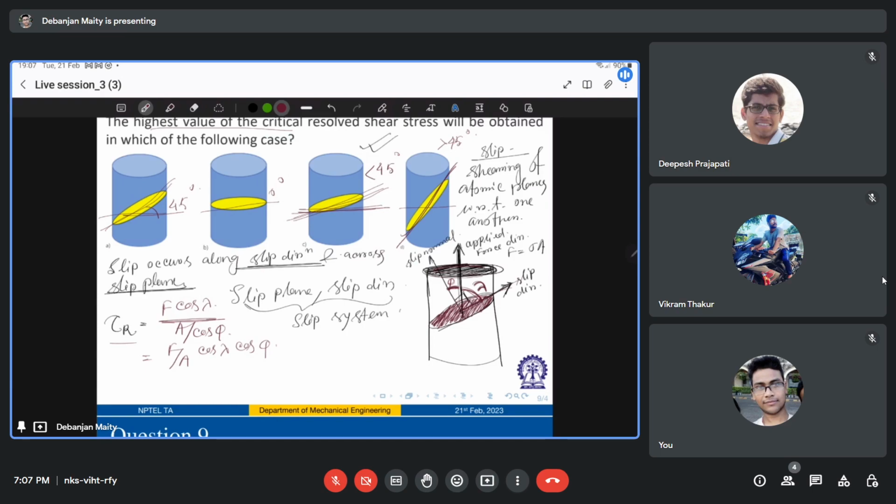So if you think of this cos value, which angle gives you the highest value? So tau will be the highest where this cos lambda cos phi will be highest, if you are having the same force, same area, right? Are you getting it?